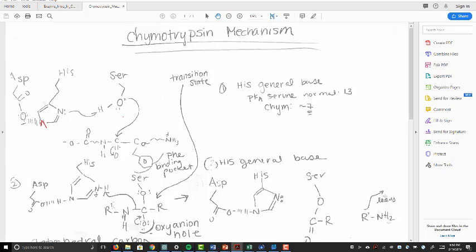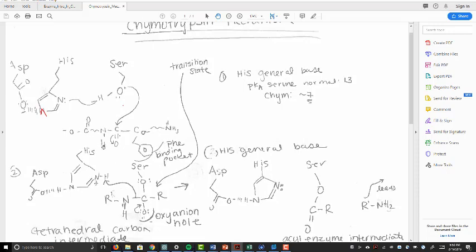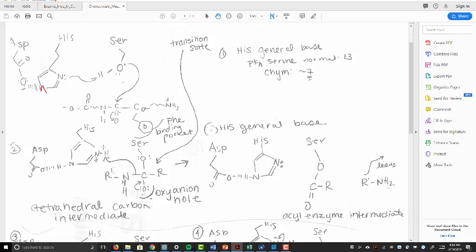Oh, I added an extra carbon onto histidine. That's embarrassing. And then I drew the amino acids on top here and then flipped around the peptide. It doesn't matter. You can see here it's much nicer. The stabilizing, the general basing, the nucleophilic attack, electron density goes up.